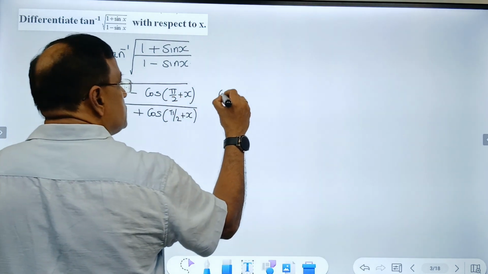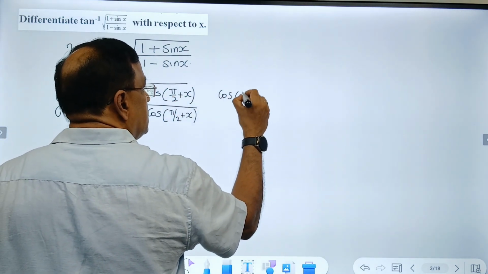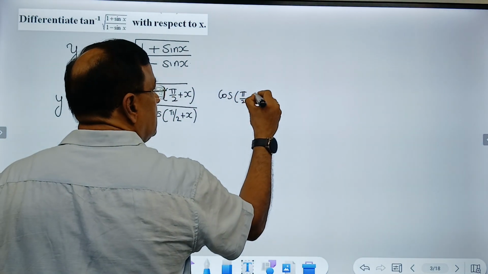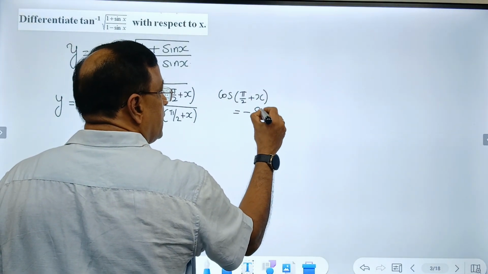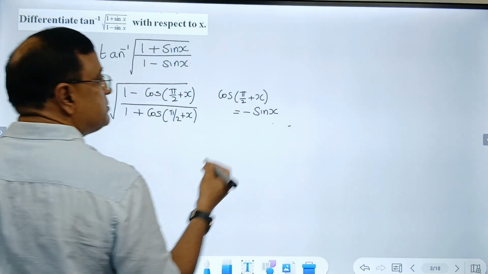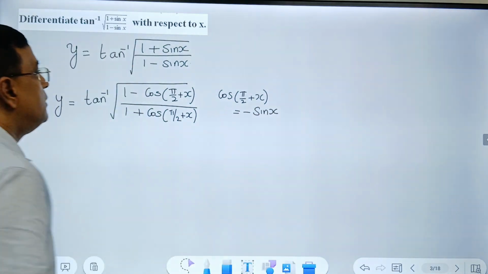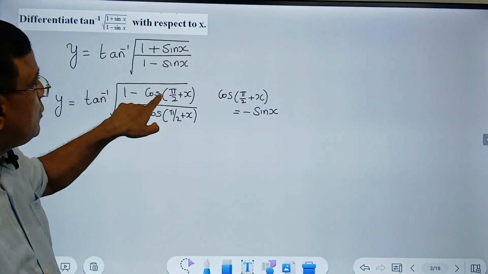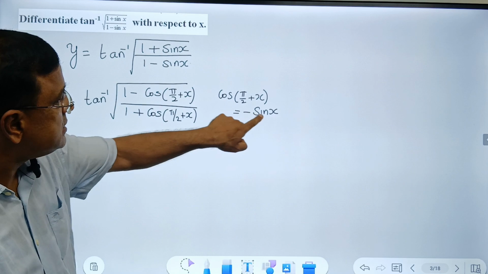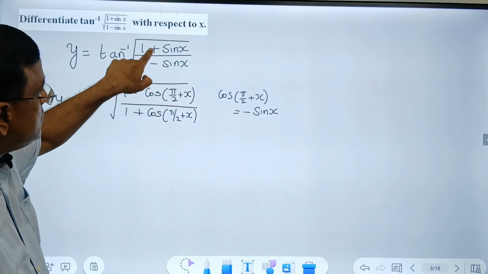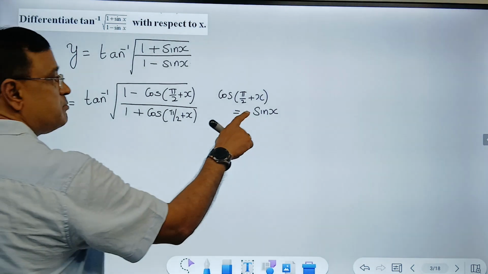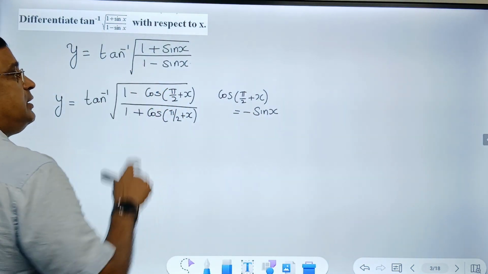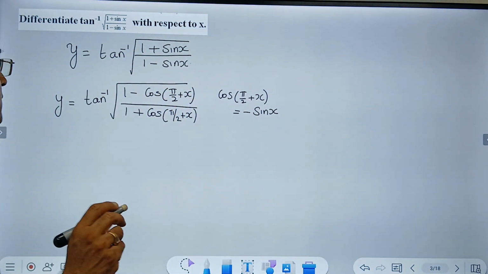Why? Because cos 90 plus theta is in the second quadrant. In the second quadrant cos is negative, so I get minus sin x. So it becomes much easier and shorter. So cos 90 plus x is minus sin x. Already there's a plus sign, so plus into minus is minus. And cos 90 minus x is sin x. Already there is a minus sign, so minus into plus is minus.